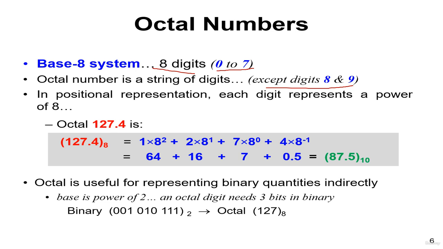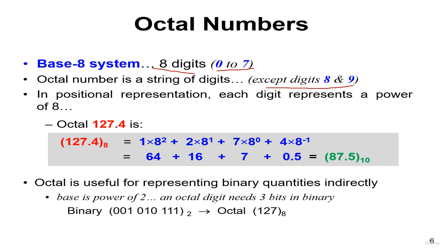The reason is that these number systems are used to represent binary numbers or binary quantities indirectly. So instead of dealing with long strings of zeros and ones, we can employ octal and hexadecimal in order to represent those long strings of ones and zeros, right?